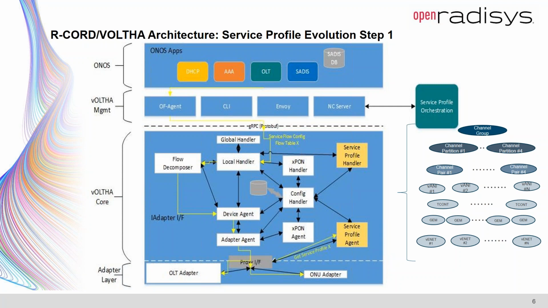So I think there's no extra work that I see. Yeah, I think at the top level where you derive the OMCI MEs, that's where the change is. So now instead of getting it from the XPON handler and its configuration, you get it from the service profile. Yeah. And some of the identities like the ALLOC ID and port IDs would need to come from whoever's managing those resources.